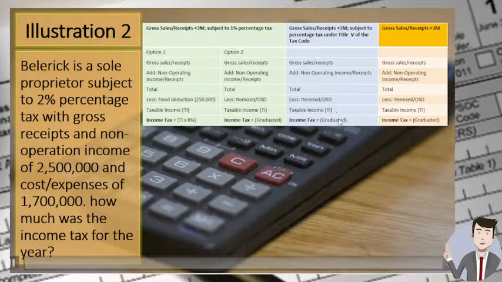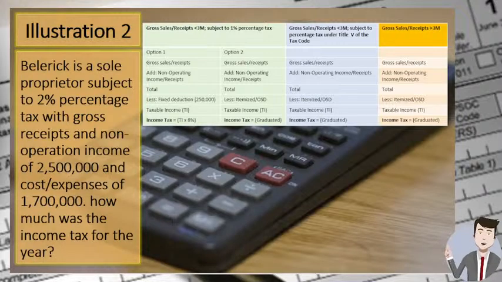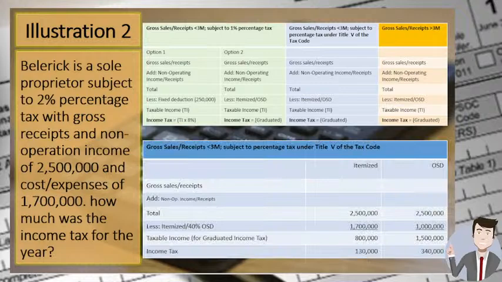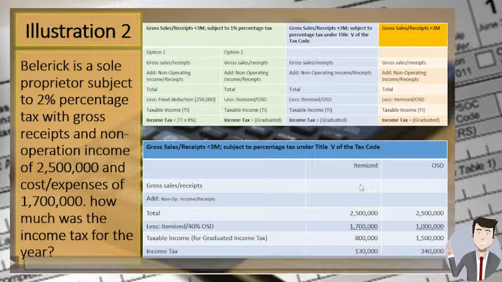Then from your taxable income, you have to use your graduated income tax table. Okay, so what we discussed in the previous meeting. Okay, let's compute. So for Mr. Belleric, he has two options, whether to use itemized deduction or OSD.